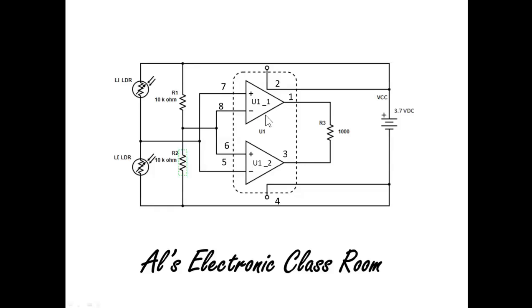But before we go there, we've got a 3.7 volt battery, and that's basically what he used in the original video when he showed you how to install this. And we've got two resistors. They're both 10K, and we're using these resistors as a voltage divider. And again, I'll get into that a little bit more.